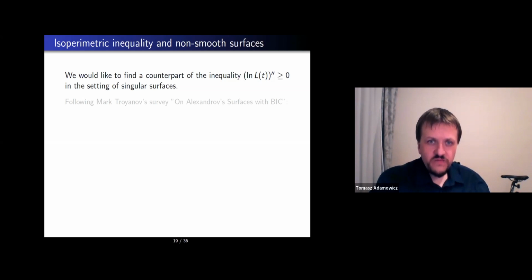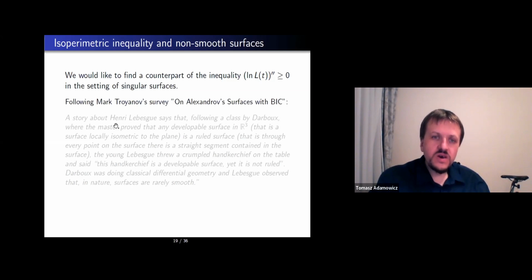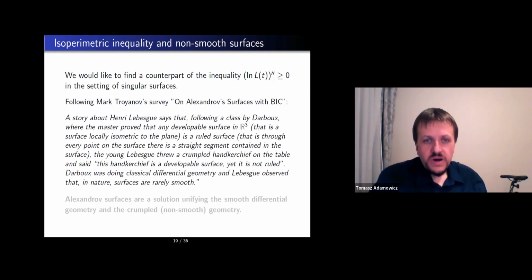And in order to give this motivation, I will quote Mark Trojanov's paper on Alexandrov surfaces with bounded integral curvature. A story about Henri Lebesgue says that following a class by Darboux, where the master proved that any developable surface in R3 is a ruled surface, the young Lebesgue threw a crumpled handkerchief on the table and said, "This handkerchief is a developable surface, yet it's not ruled."